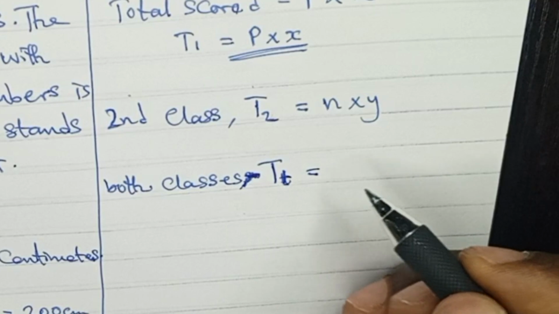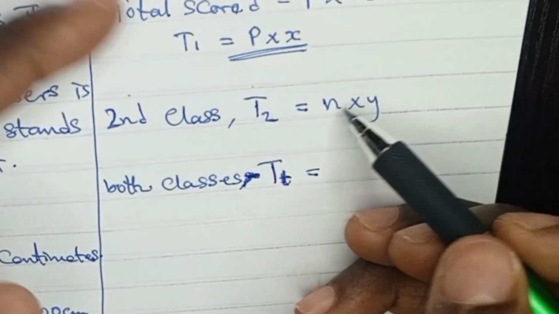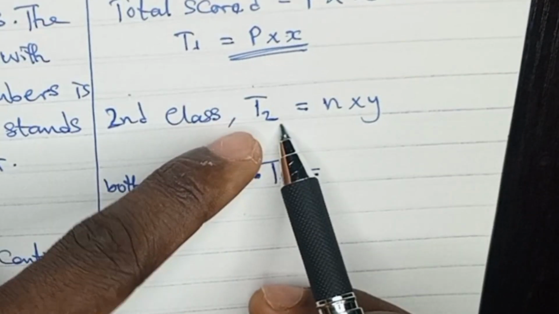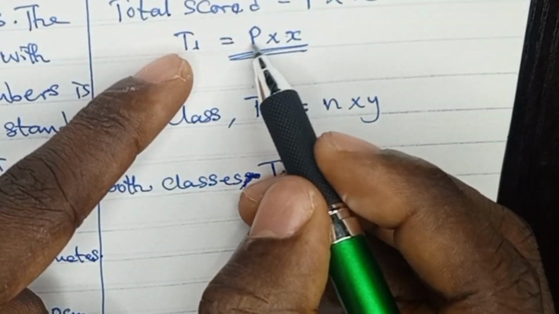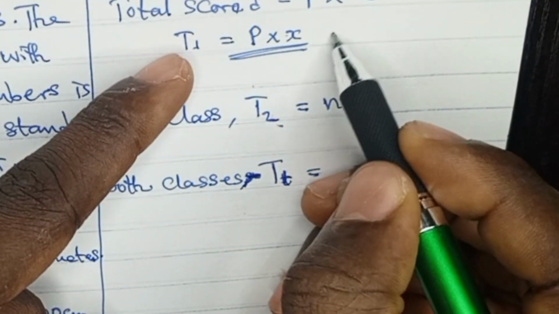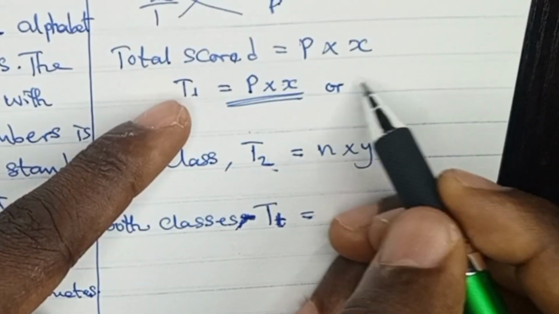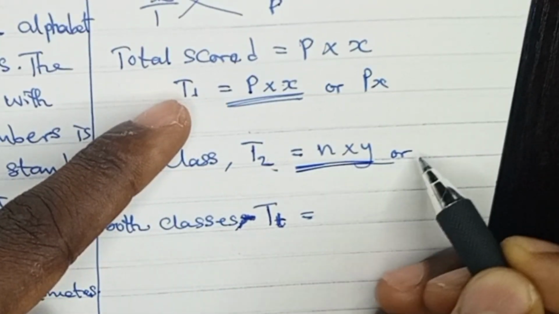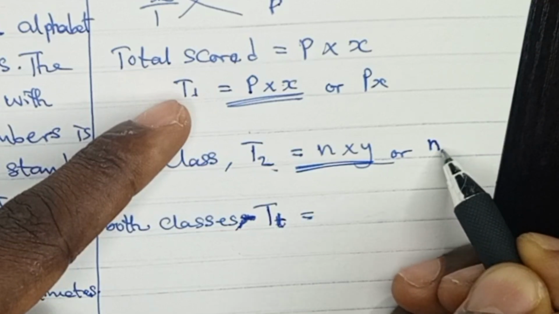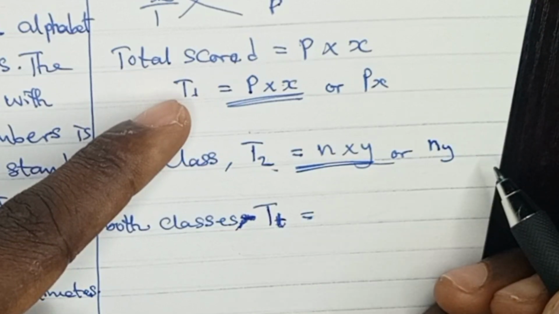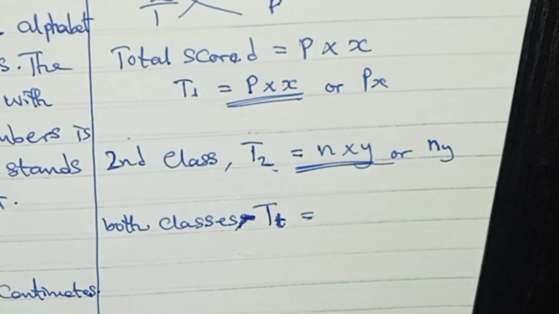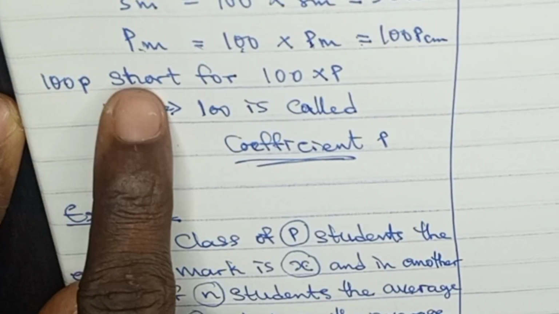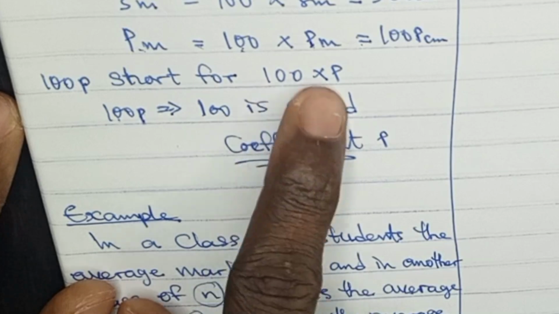To bring the two classes together, we add up the totals: T1 plus T2. What is T1? Remember, we can simply write this as px. And this one too, we can simply write as ny, just like we did with 100p, short for 100 times p.